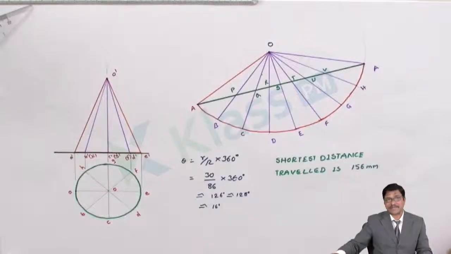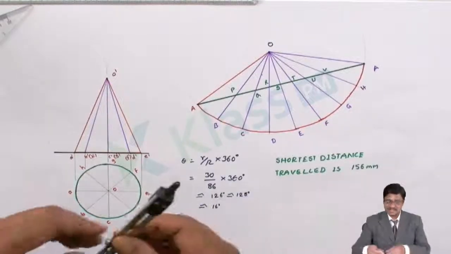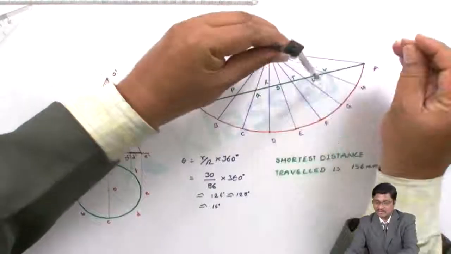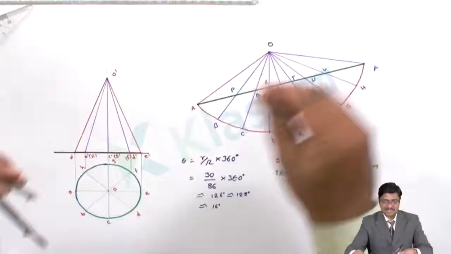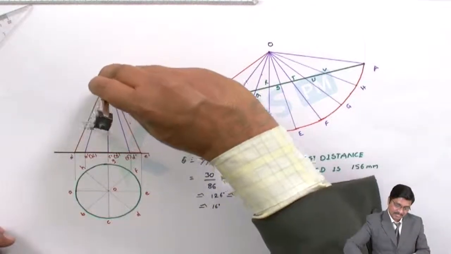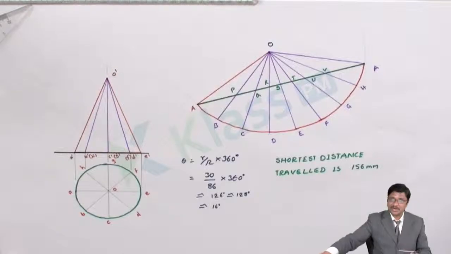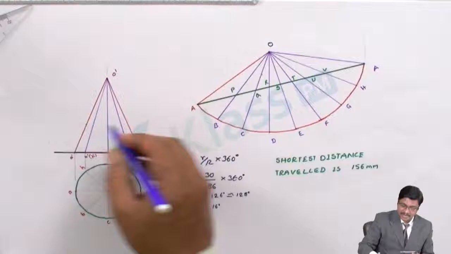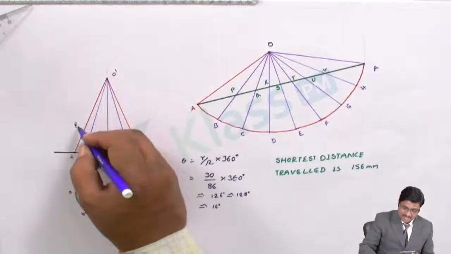For that, take the compass and measure the distance here. This O to P and O to V are both the same distances. I can first transfer them onto the primary edge. On the primary edge, first I will locate all the points, then I will look after the rest. So this point is nothing but P dash as well as V dash.